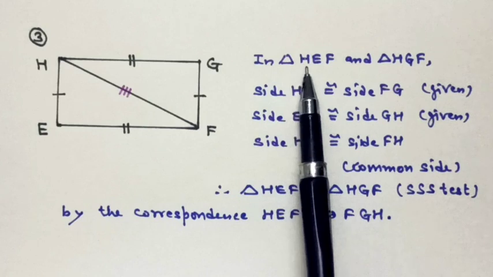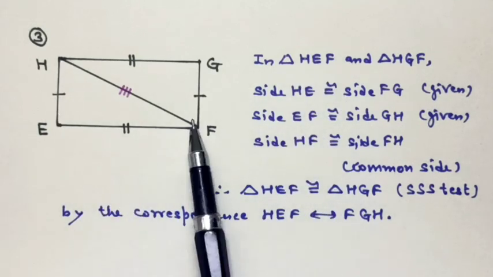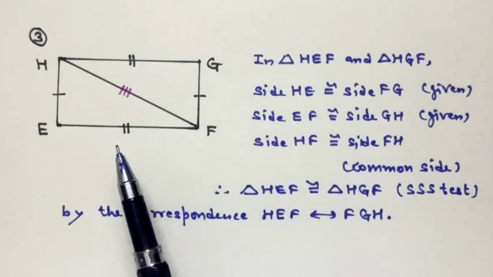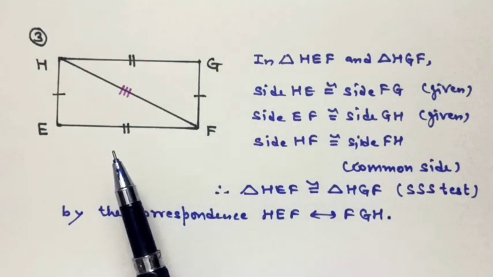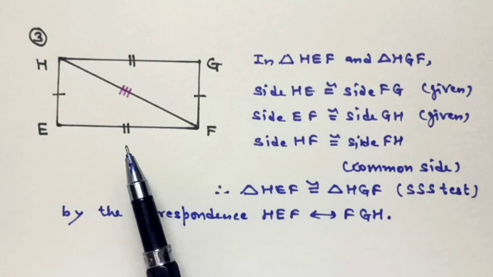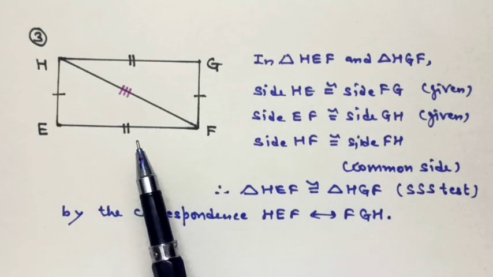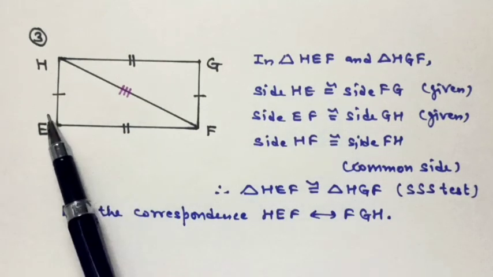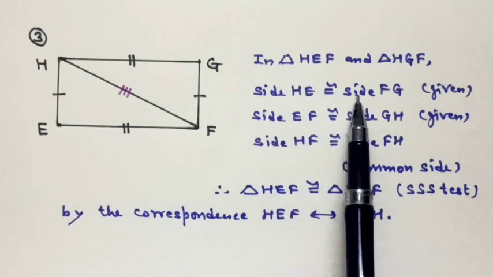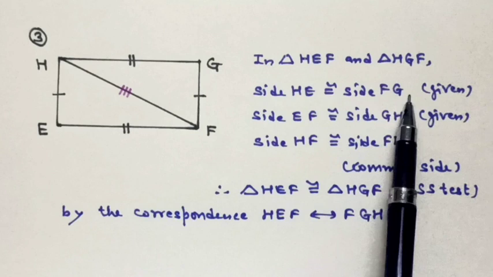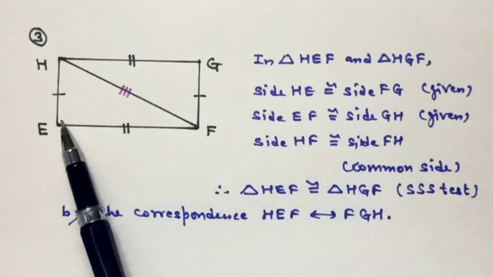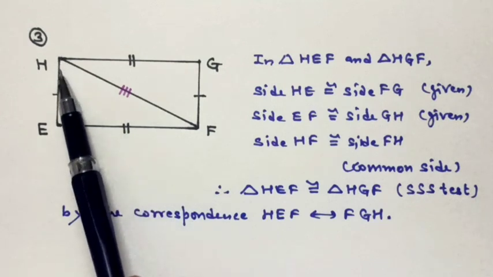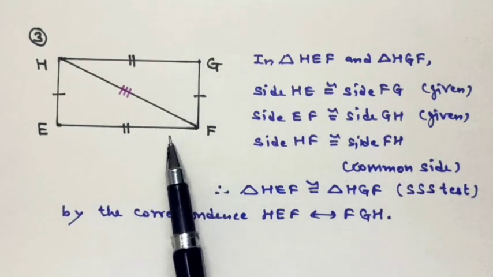In triangle HEF and triangle HGF, here I have not considered the correspondence, but these are two different triangles, and try to find out the corresponding congruent sides. So side HE is congruent to side FG, single marked, starting from this corner and this corner. So HE, FG.